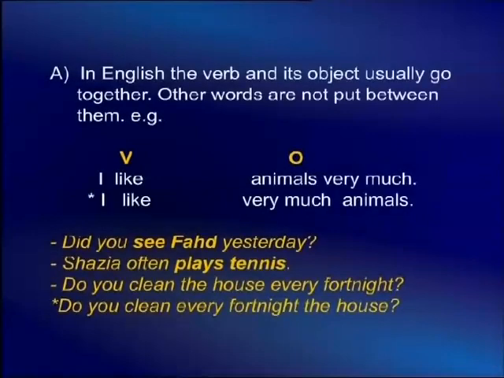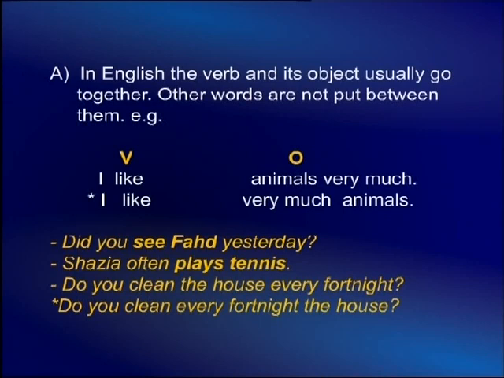You will always have like followed by the object. Now, if you were to write or to say, I like very much animals, that would not be the correct place for very much. Very much has to come after the object.